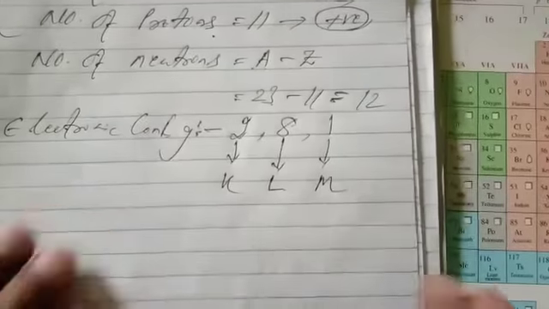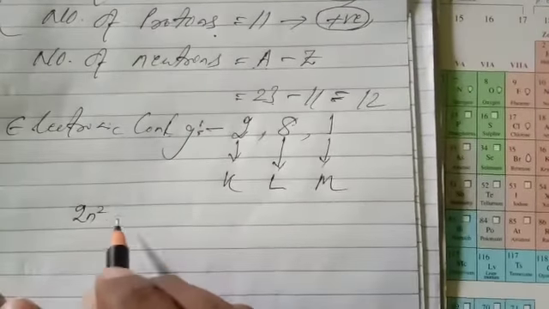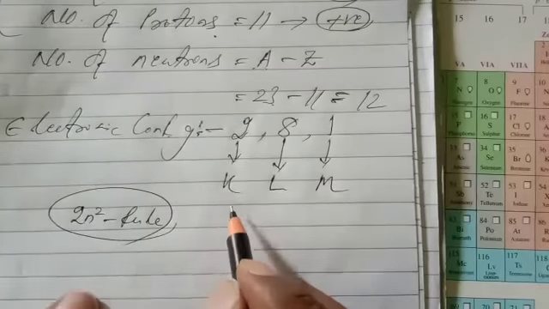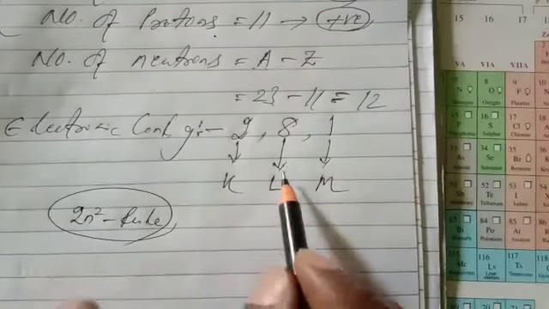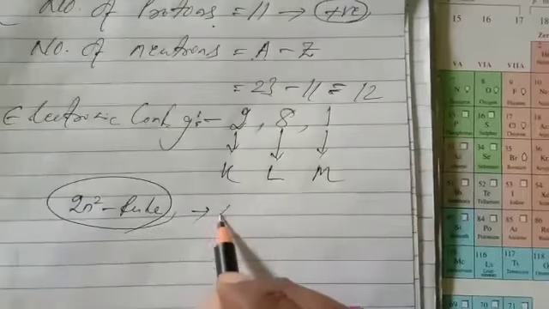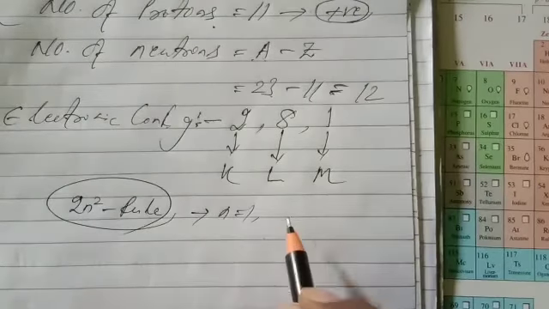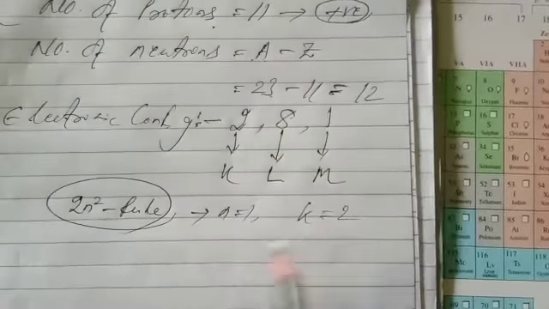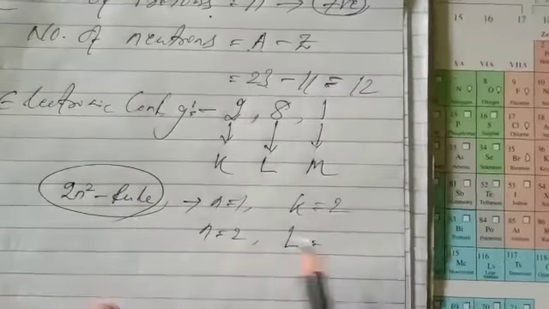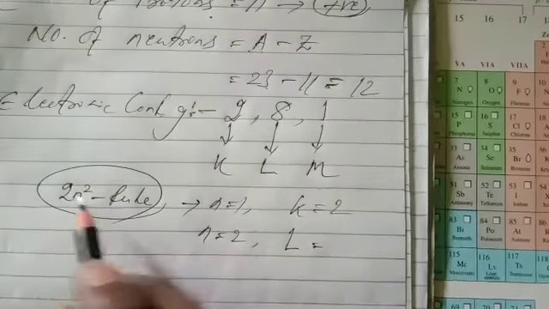Okay. As per the 2n square rule, the first shell should contain how many electrons? 2 electrons. The second shell should contain 8 electrons. Putting n equal to 1, K shell will be how much? 2. And if I put n equal to 2, that is second shell L, 2 square, 4, 2 into 4 is 8 electrons.